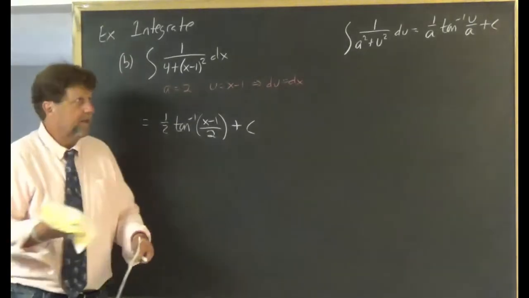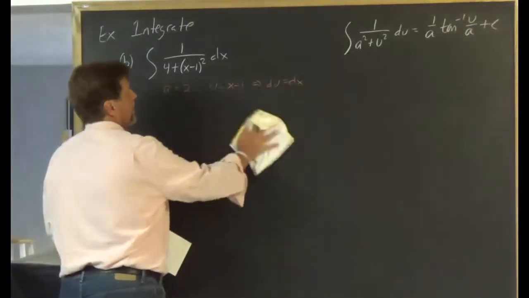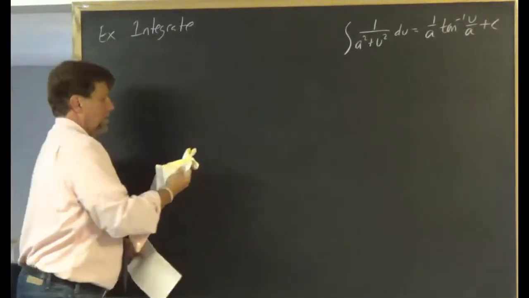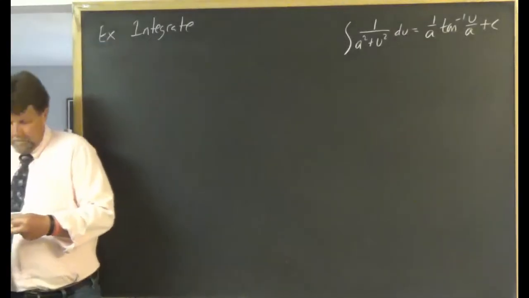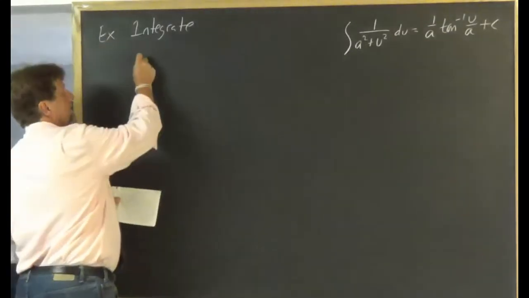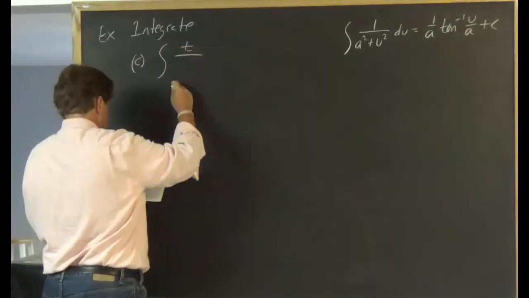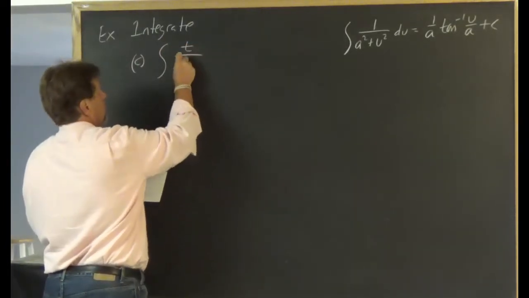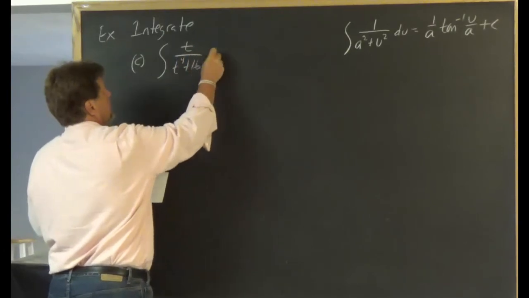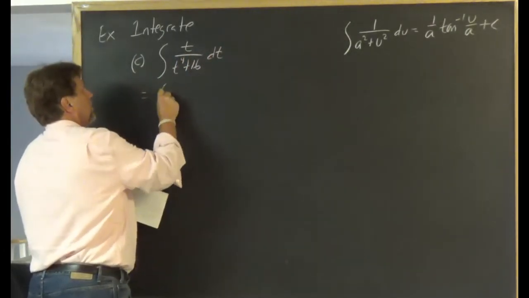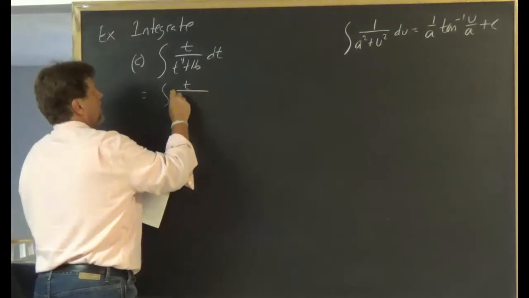So let me get part C written down up here. Part C was to integrate t over t to the 4th plus 16 dt. Which I'm going to say, you know what?